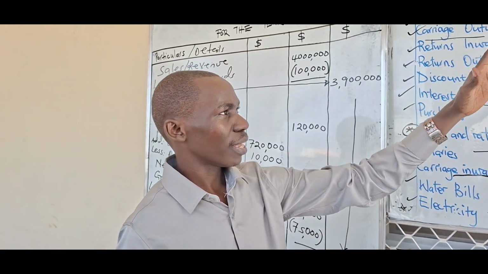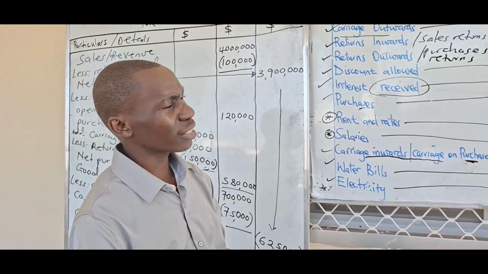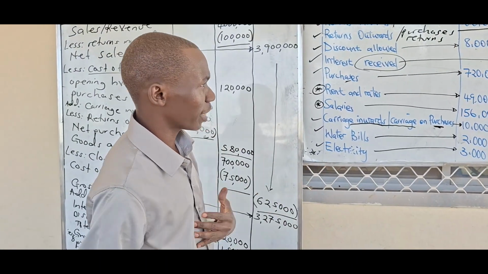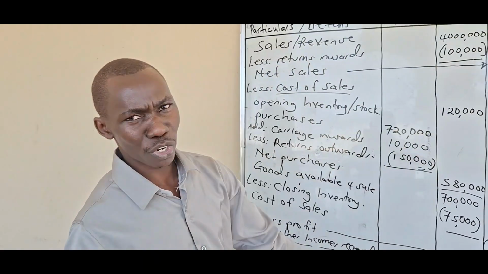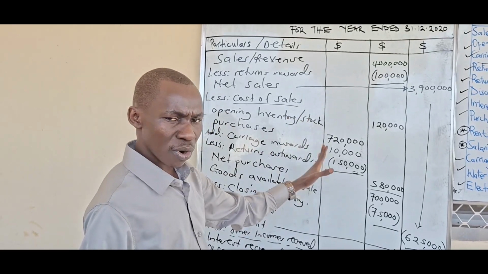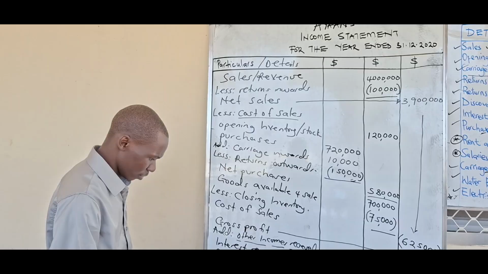The rest, like real accounts, like capital account, assets will be taken, even liabilities will be taken to our balance sheet as we get them. Every information given to you is not supposed to be included here. Don't forget, you only include nominal accounts or expenses, incomes, losses, and gains.